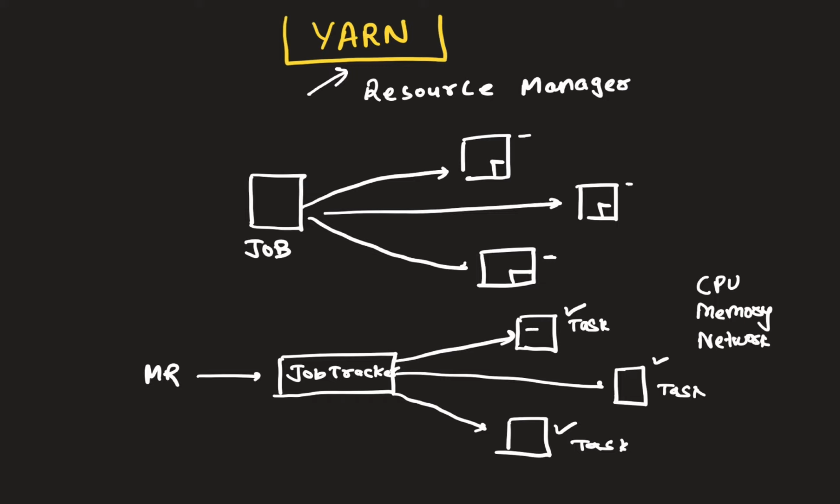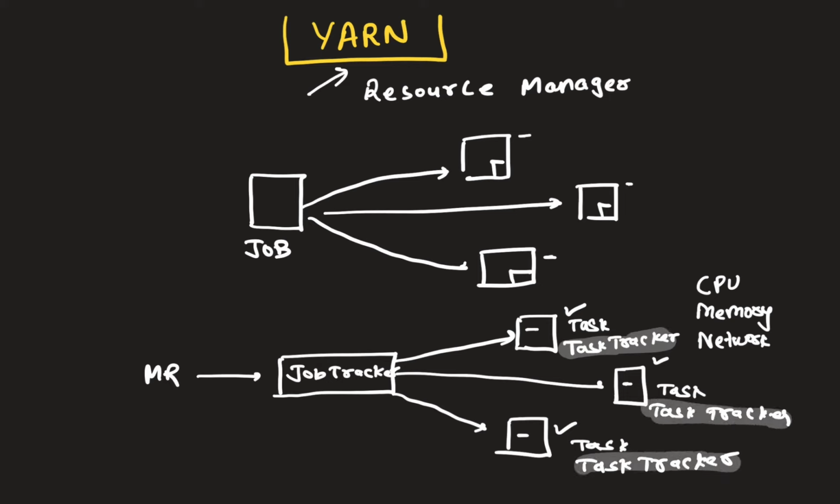So here also you will have a task tracker, here also you will have a task tracker, and here also you will have a task tracker. So this is my task tracker, this is my task tracker, and this is my task tracker.